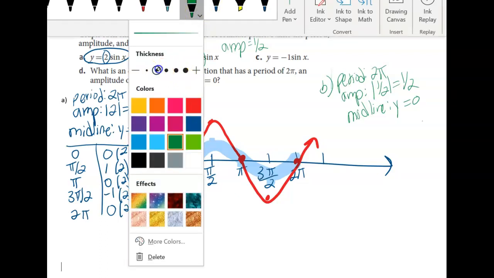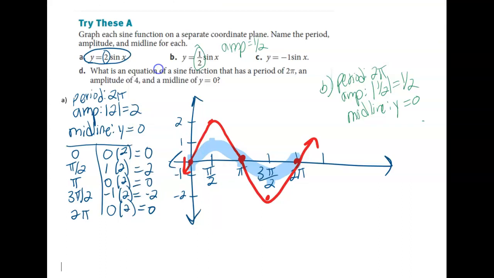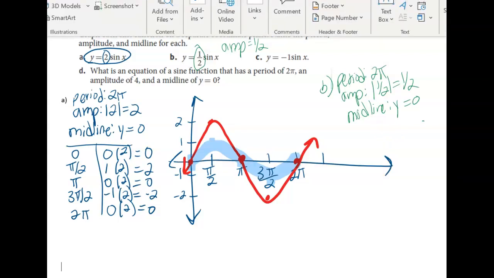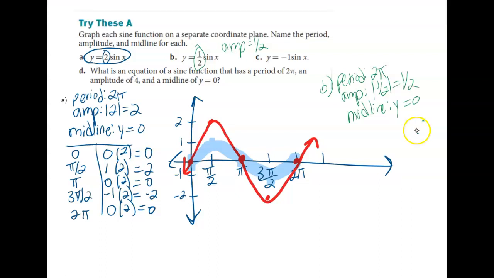So let's get a little bit thicker green there. There we go. So again, when I graph these, I'm going to take my parent, that's 0, pi over 2, pi, 3 pi over 2, and 2 pi.